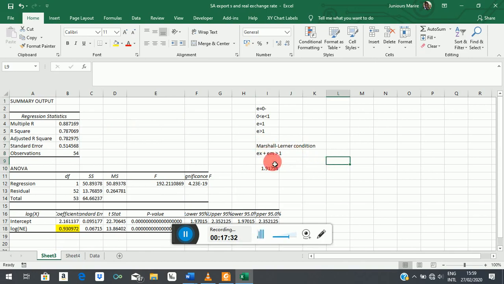So now what you see is that the sum of the elasticity of exports and imports exceeds 1. We are in this range, which means that in this case a devaluation would be beneficial to South Africa. It will result in an improvement. Our exports and our imports respond, okay?